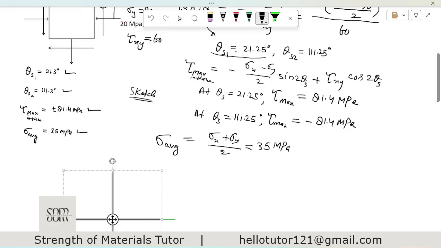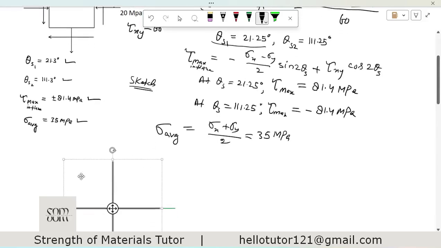Let us look at this one. It is positive. In plane stress transformation, we know a positive angle of inclination means an anti-clockwise angle, so I will rotate it in anti-clockwise order. This is 21.25 degrees.